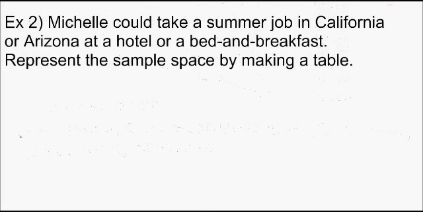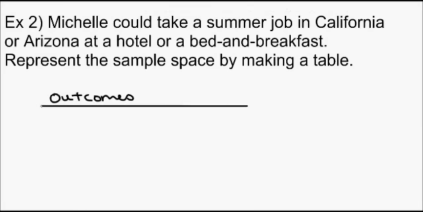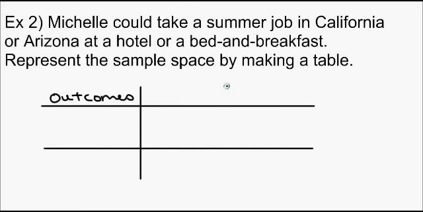Example 2. Michelle could take a summer job in California or Arizona at a hotel or a bed and breakfast. And we're going to represent this sample space by making a table. So just like before, I'm going to label this outcomes and make kind of a tic-tac-toe board here. Okay.